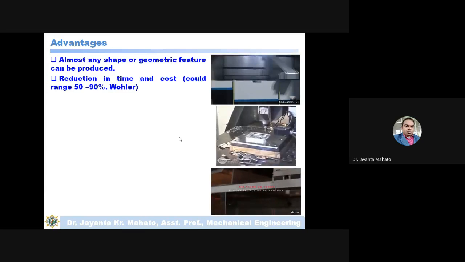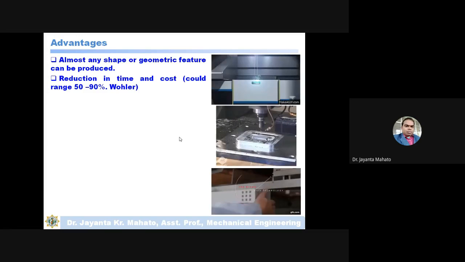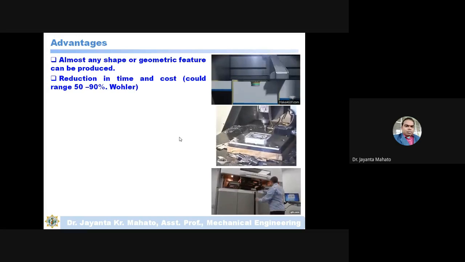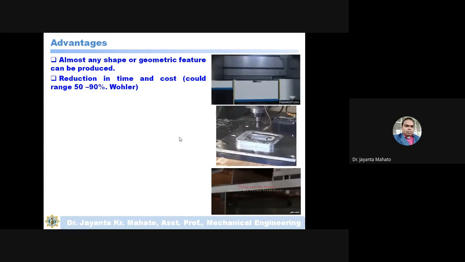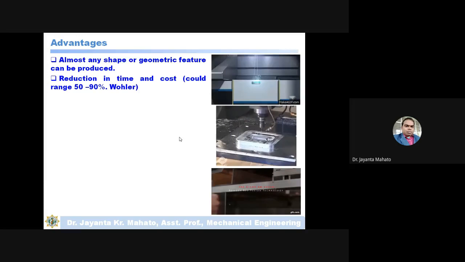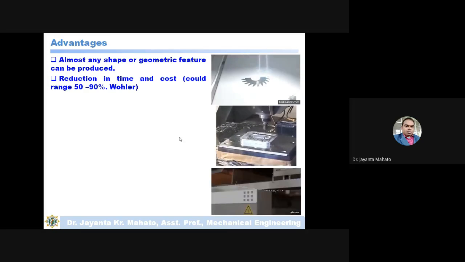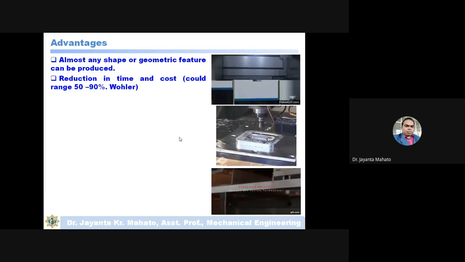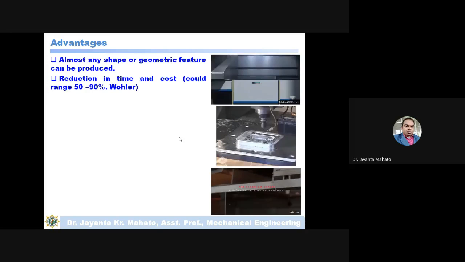And prototyping means first you have to develop a prototype of the physical object, a prototype of the physical model, with the help of CAD software. That's why it is called the rapid prototyping manufacturing process.